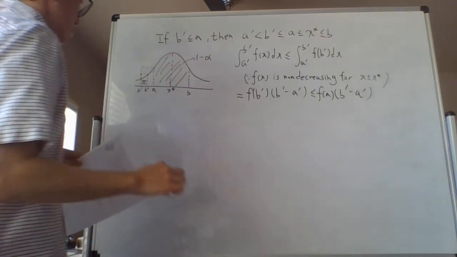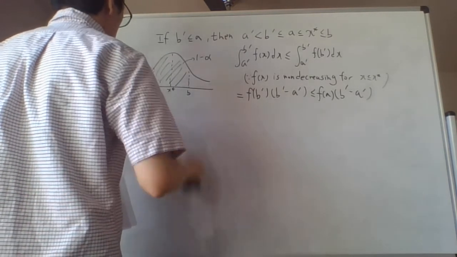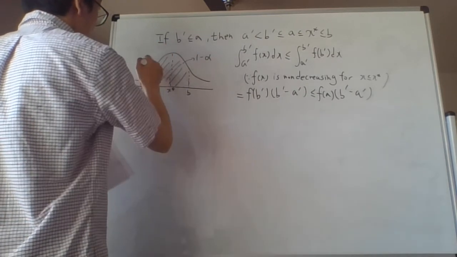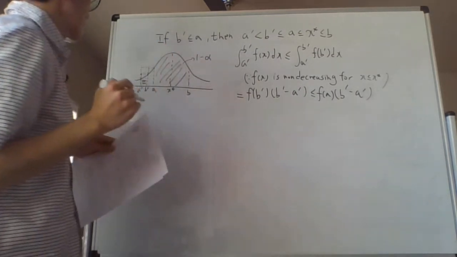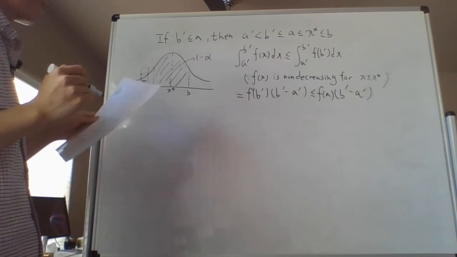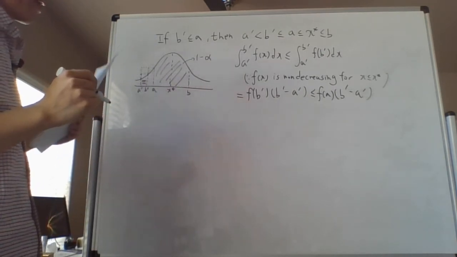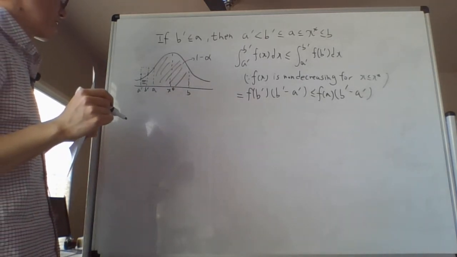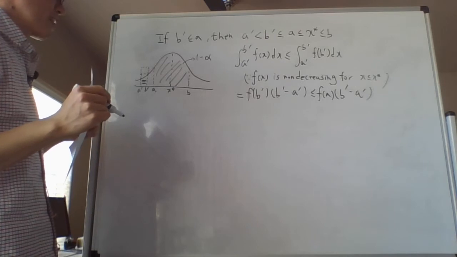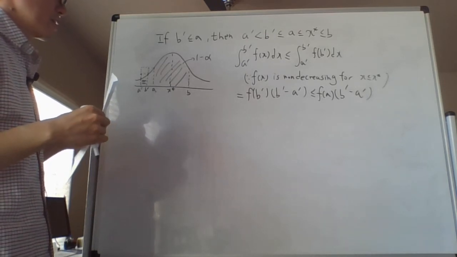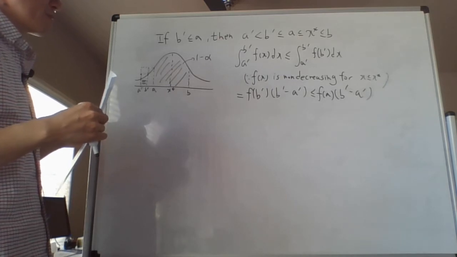You can think of this rectangle. Since f(a) is greater than f(b prime), your rectangle based on b prime and a prime with height f(a) is clearly larger than the rectangle with height f(b prime) and width b prime minus a prime.